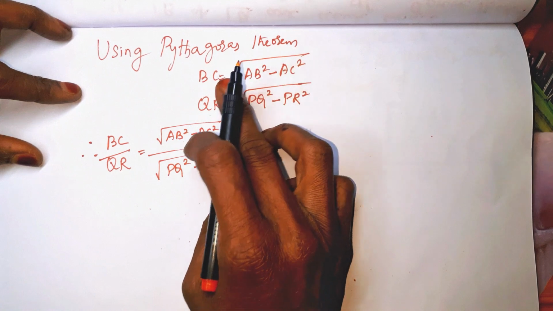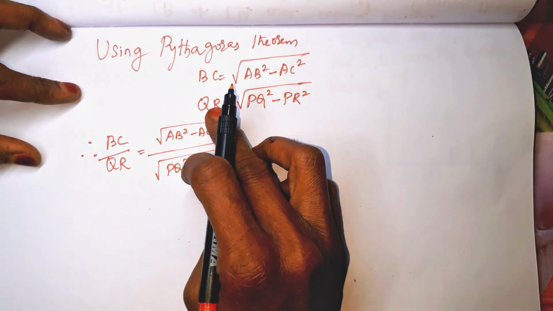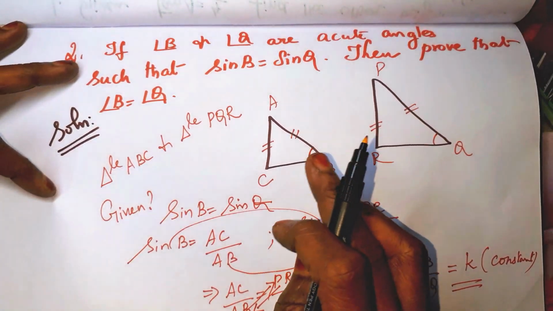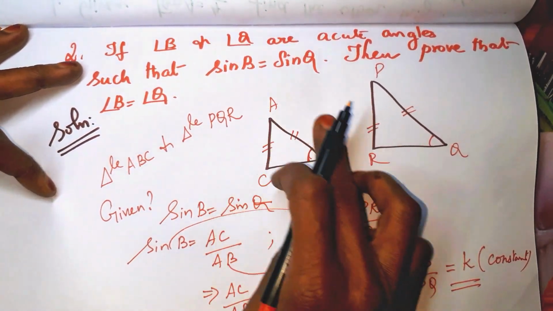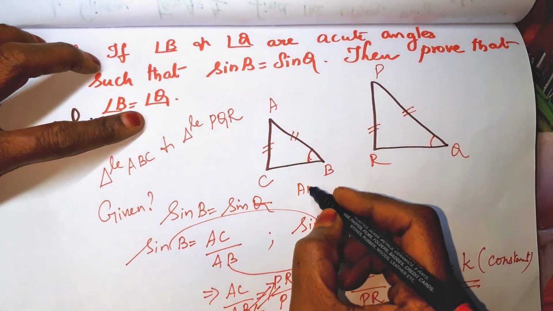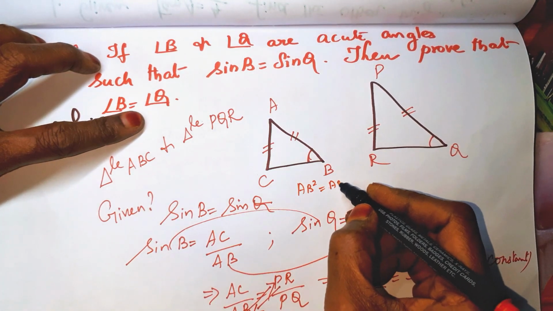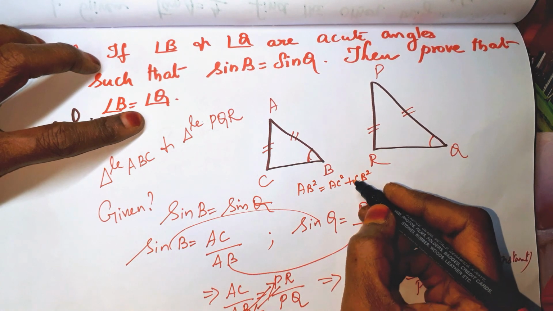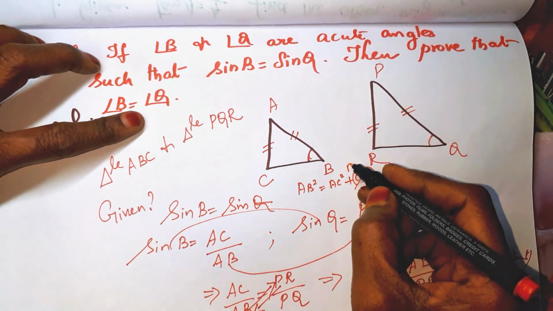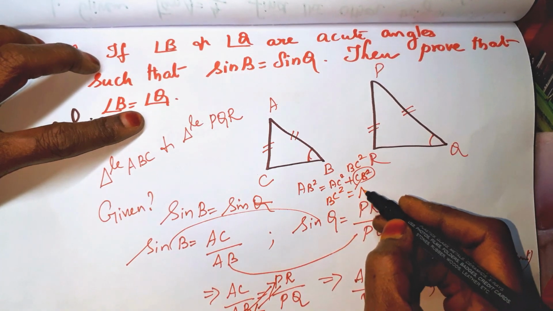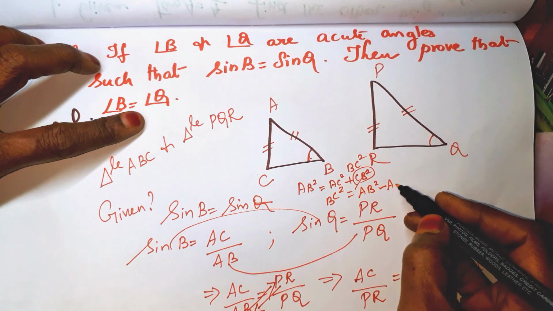Using Pythagoras theorem, we are going to find what BC and QR are. What is BC? Here, using Pythagoras theorem, AB squared is equal to AC squared plus BC squared. So BC squared equals AB squared minus AC squared.